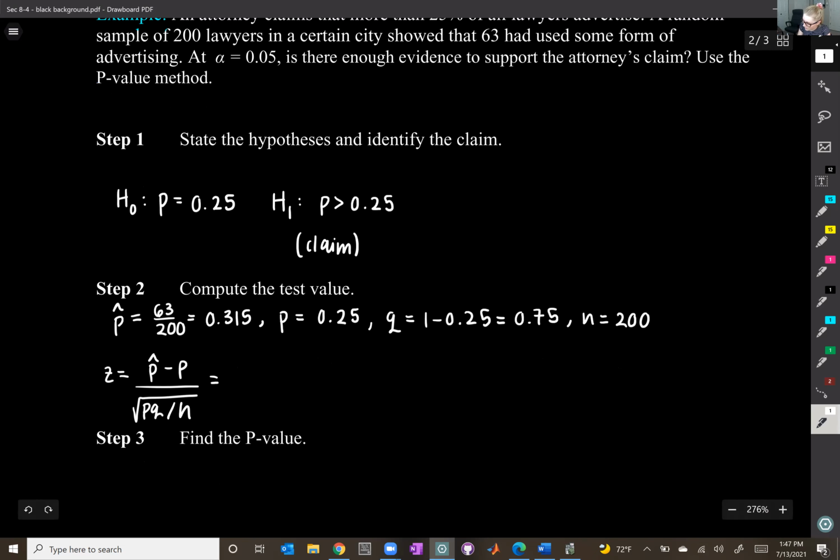So to fill this all in, we get 0.315 minus 0.25. Let's see if I can do this correctly this time. So this should be 0.25 times 0.75 divided by 200.